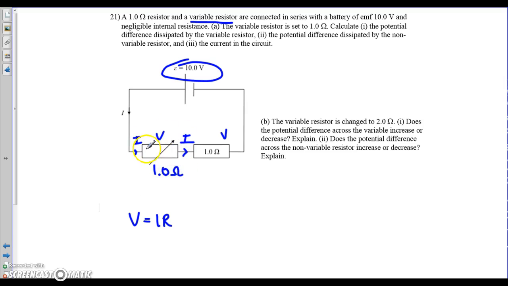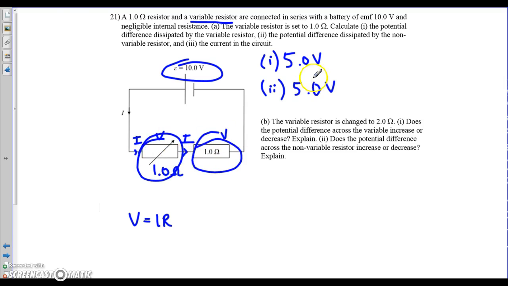This resistor dissipates half the EMF, and this dissipates the other half of the EMF. So each would dissipate then 5 volts. Part II: the potential difference dissipated by the non-variable resistor? Oh, that's the same answer. Both resistors, the variable resistor, this one, and the non-variable, the fixed resistor, they both dissipate 5 volts.